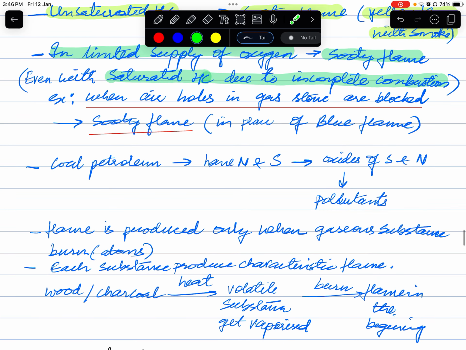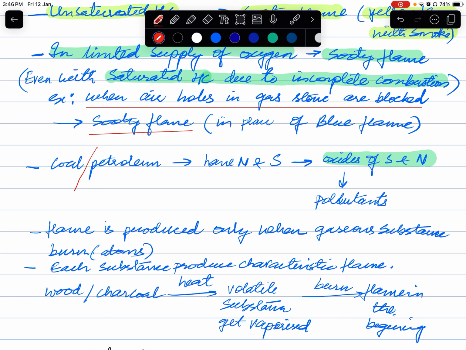Now, when we burn coal or petroleum, always remember, in addition to carbon dioxide, we get oxides of sulfur and nitrogen, which are the main pollutants. And why do we have oxides of sulfur and nitrogen?